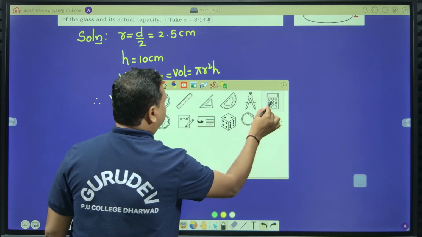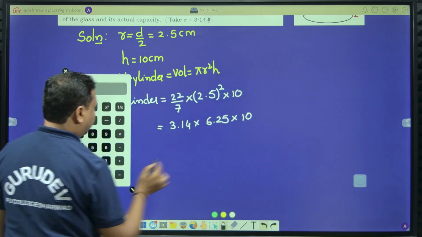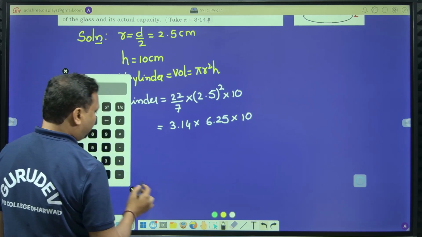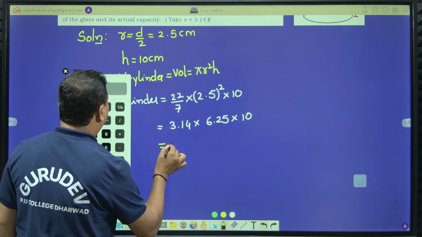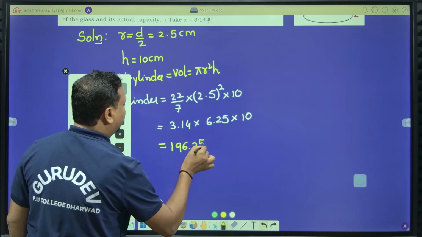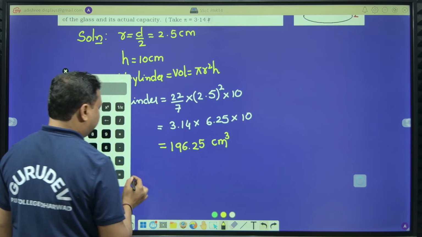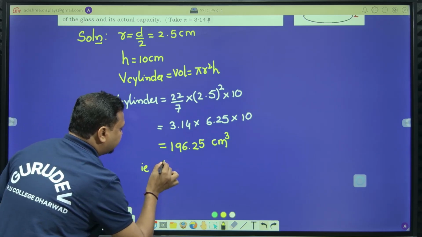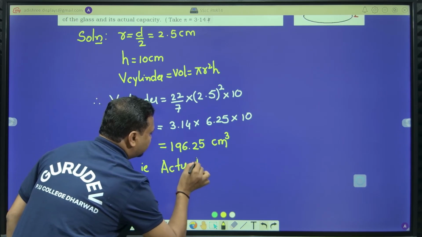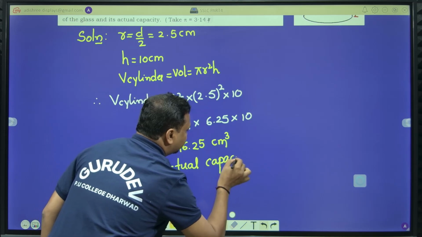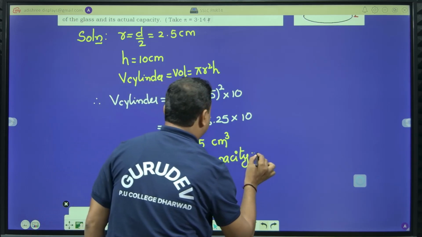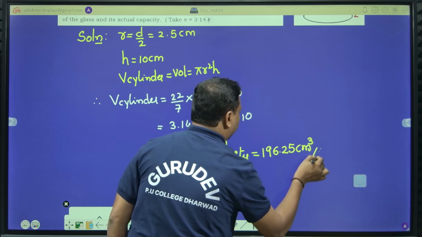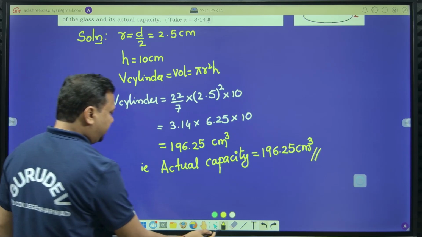Let me take the help of the calculator. 3.14 into 6.25 into 10 is equal to 196.25 centimeter cube, which is the actual capacity of the glass.